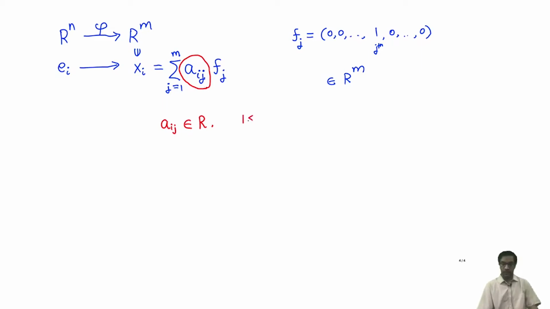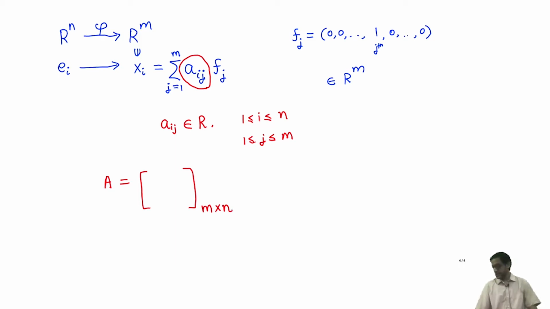Now here, how many of them are there? i is from 1 to n, j is from 1 to m, and the appropriate way to arrange this is in the form of a matrix, just like we do for vector spaces. So a homomorphism phi is uniquely determined by a matrix. So I want to say, let's take an m cross n matrix. This is like the convention for vector spaces. So this is an m cross n matrix.